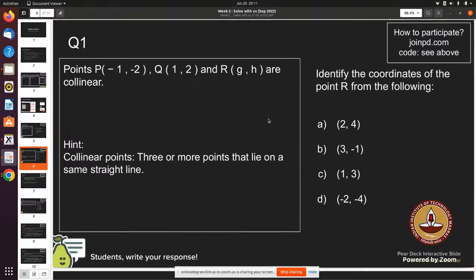You don't have to join peer tech. You just solve it and write in chat.